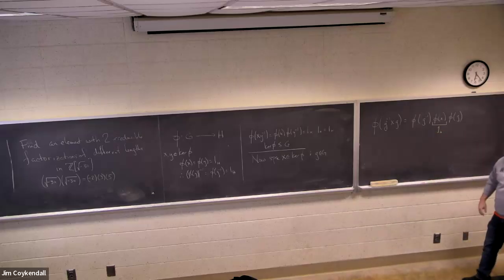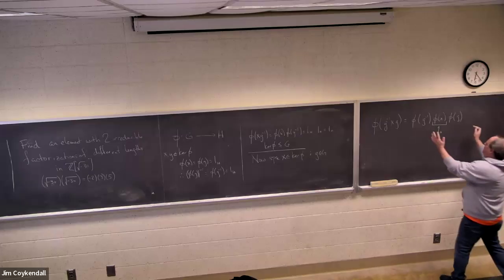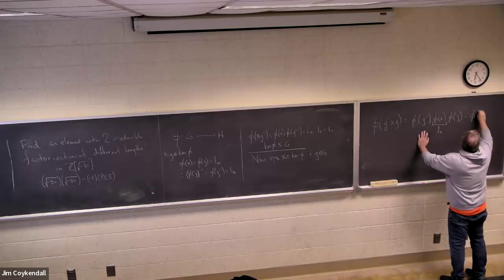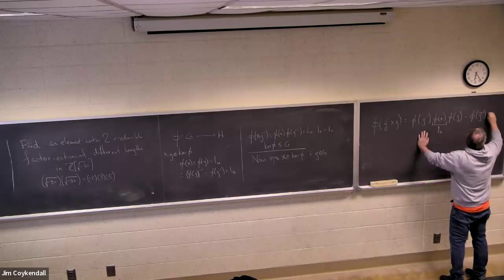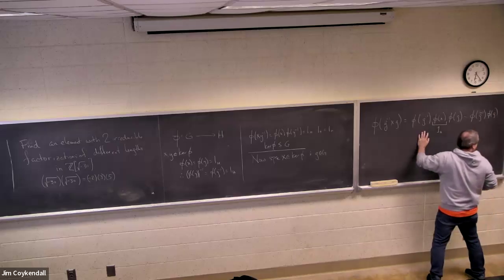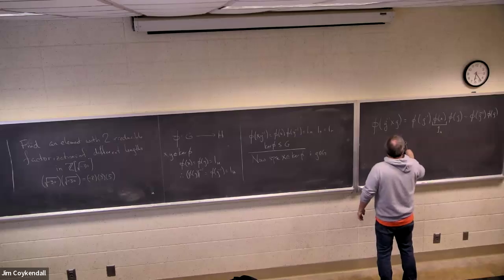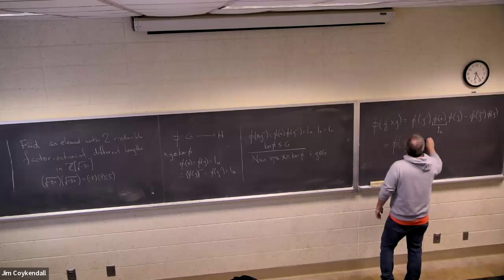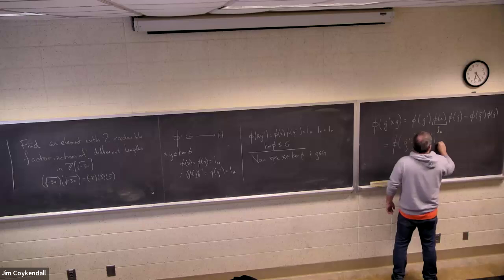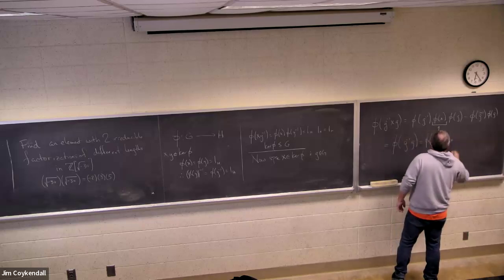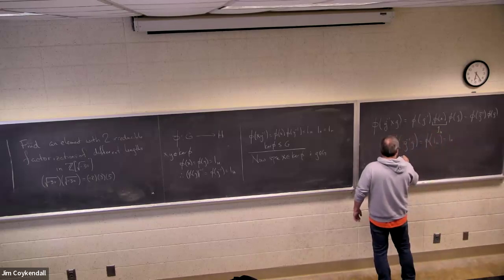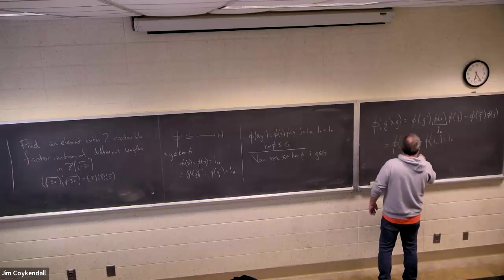By assumption, phi of x is the identity because it's in the kernel, and that makes this collapse. This is phi of g inverse g, which is phi of the identity of G, which is the identity of H. And so the kernel of phi is in fact normal.